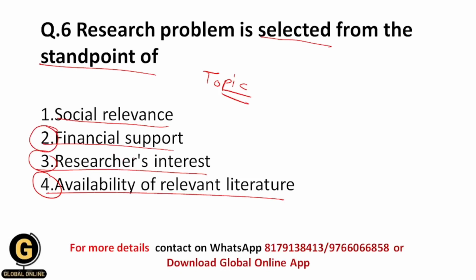Financial support is the basic need required for our research, so this is also not a standpoint, so this is also incorrect. So the correct answer to this question is social relevance. So based on the standpoint of social relevance, a research problem is selected. So the correct answer is 1.